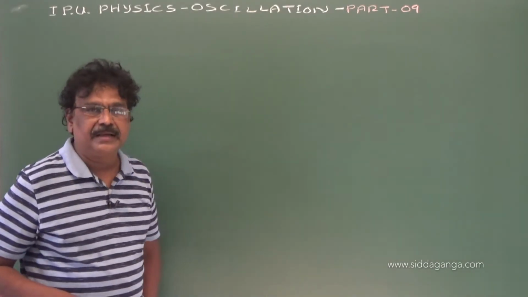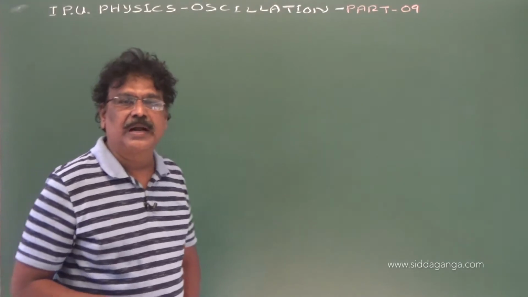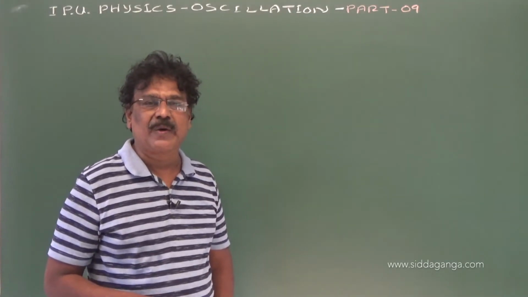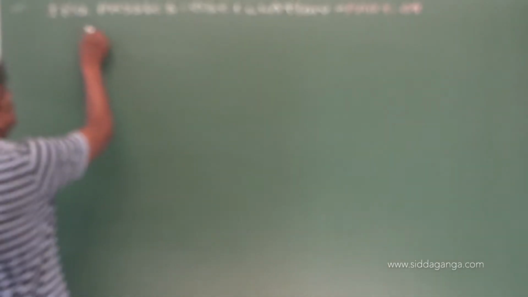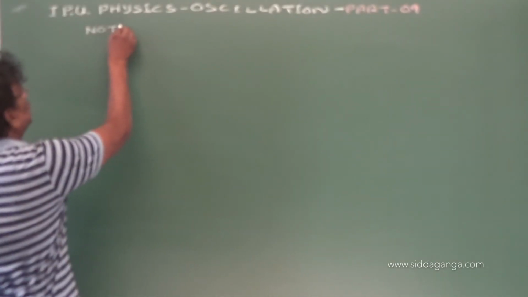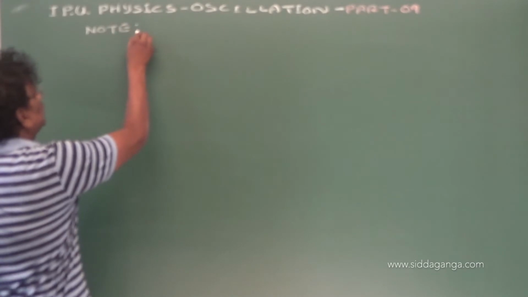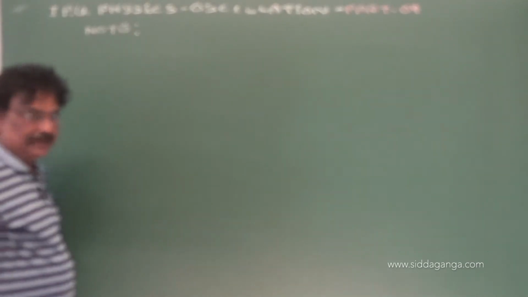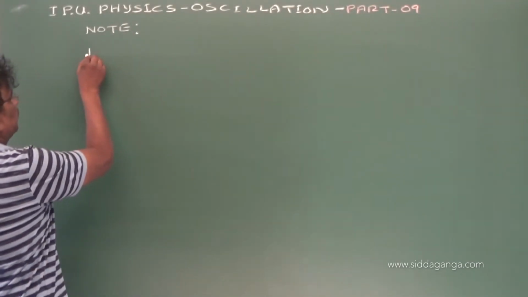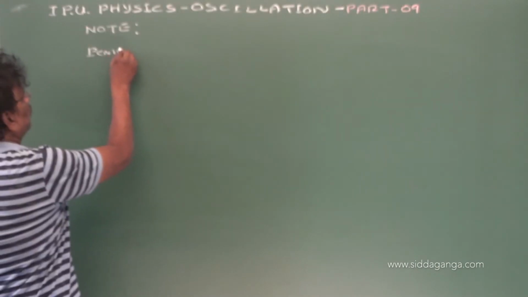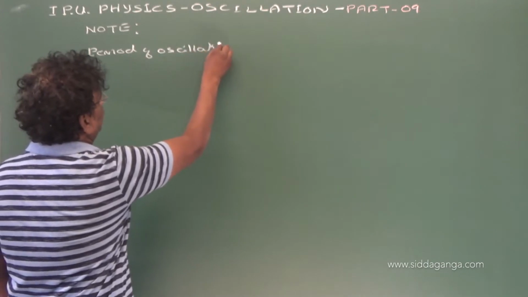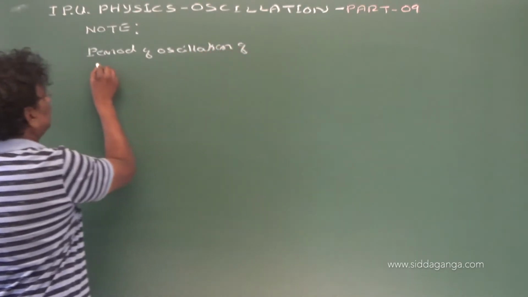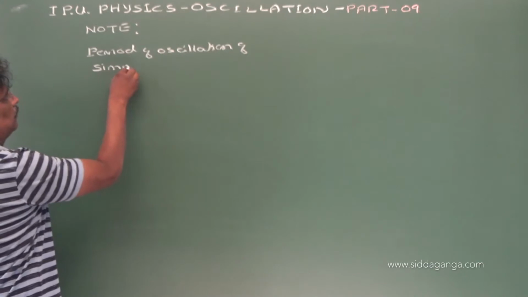And we obtained that T is equal to 2 pi into square root of L by G. So now let us discuss some important points regarding the oscillation of simple pendulum. We know that we have the period of oscillation of simple pendulum.